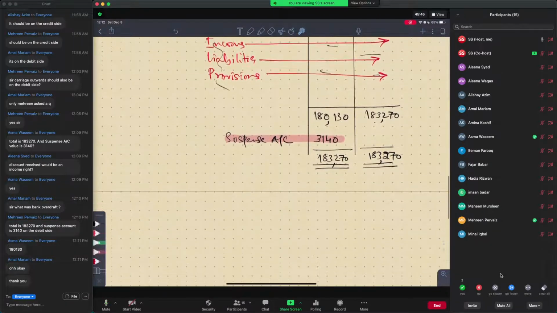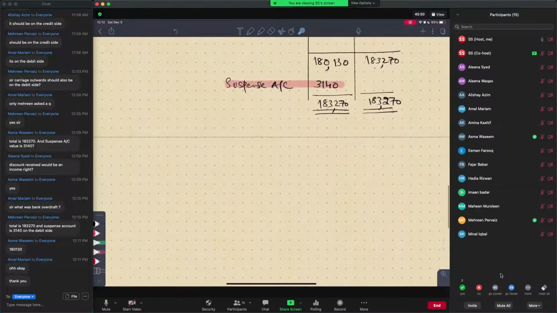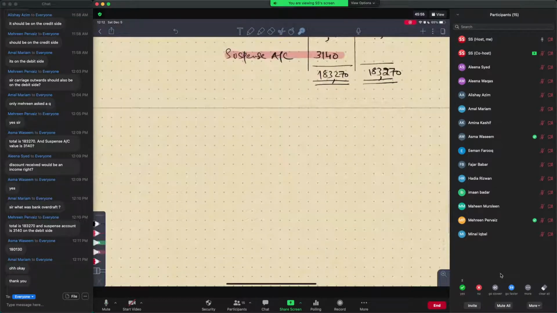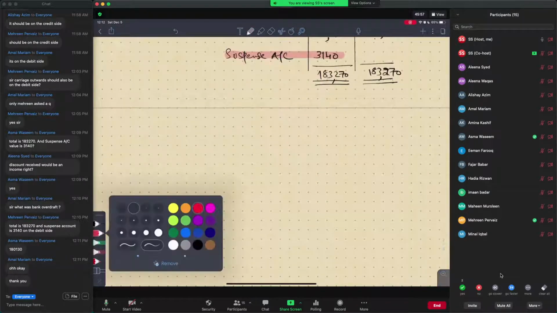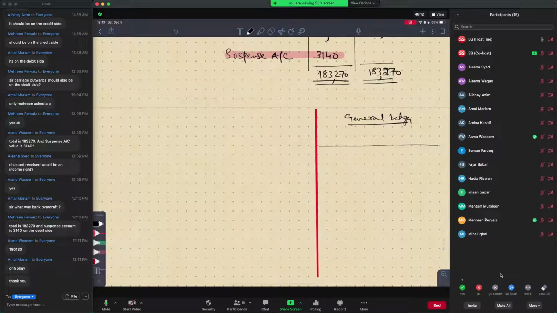And once it is created on this trial balance, then obviously here we create a small segment. I think that is good enough space for the suspense account here. So in your general ledger, you will have to create a suspense account. I'll just create a small suspense account here.